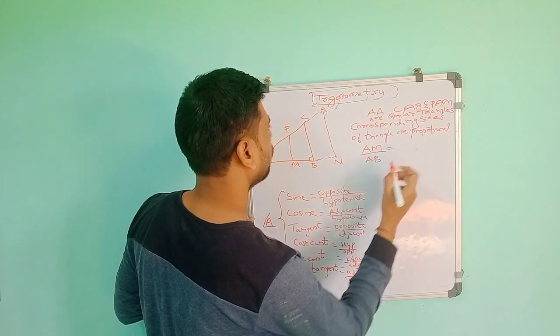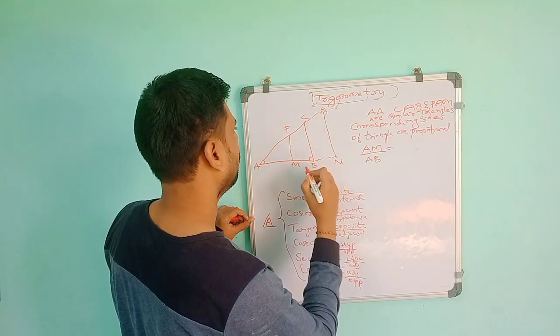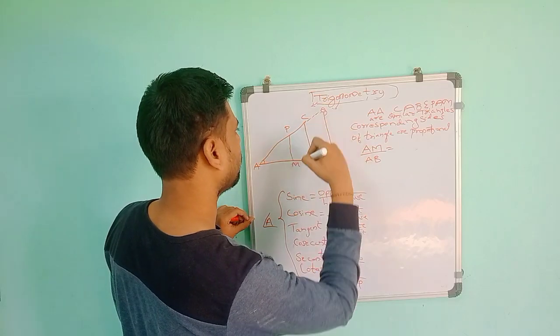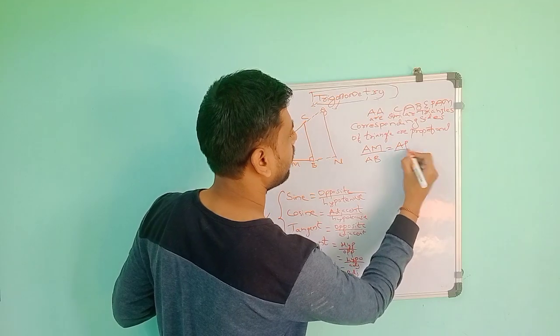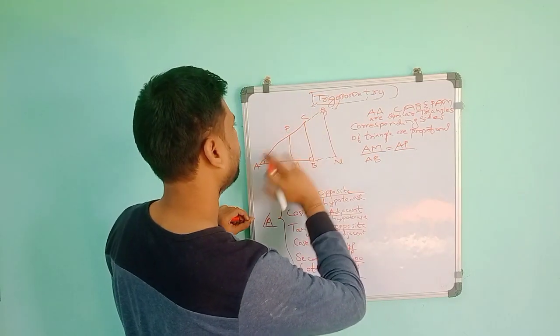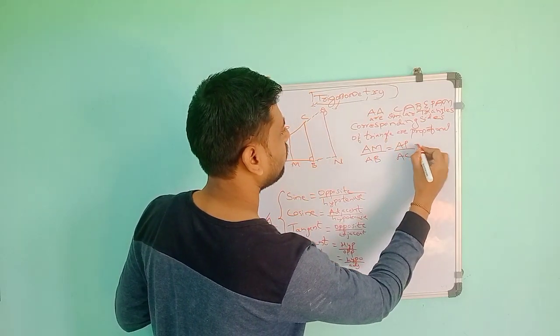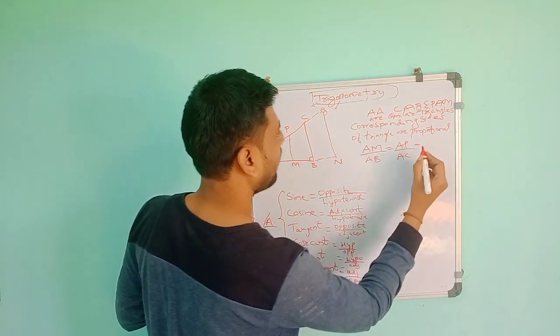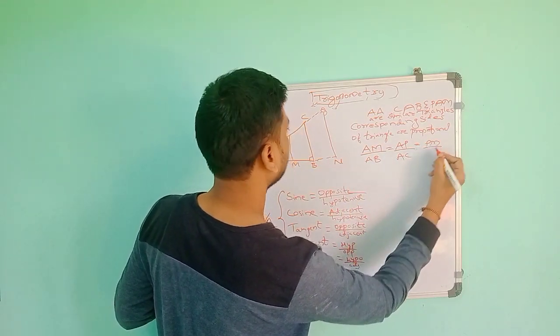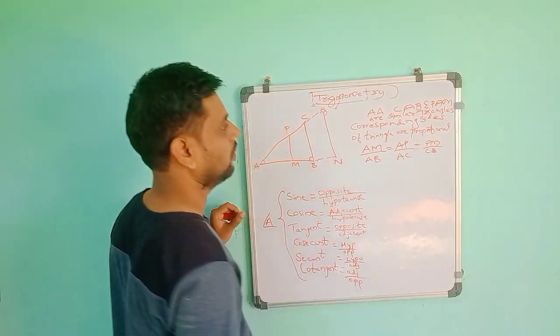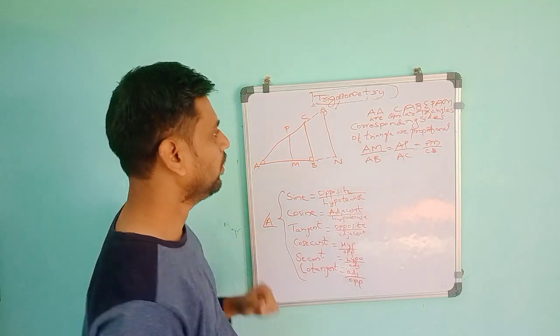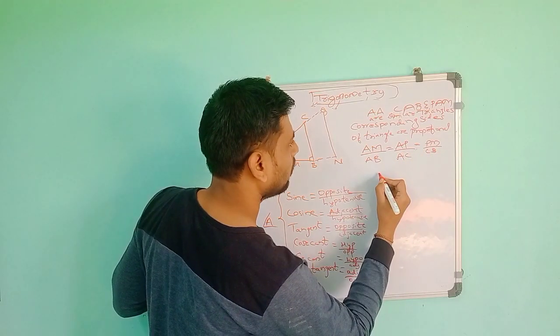So AB is equal to, the hypotenuse AP divided by the corresponding side AC, is equal to PM by CB or BC.